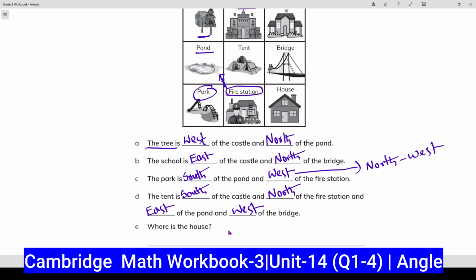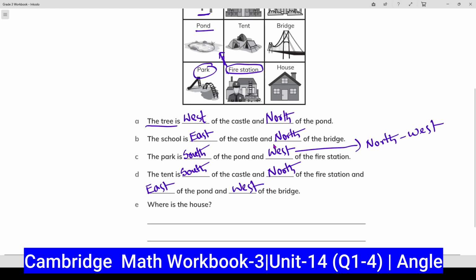Next, where is the house? This is a house. We can write the house is south of the bridge.